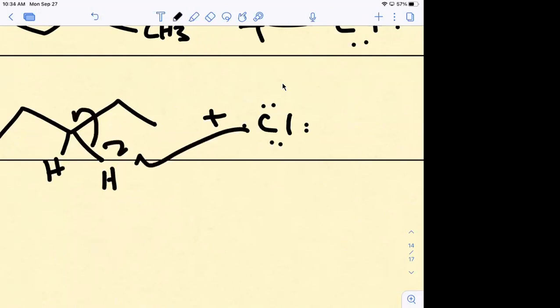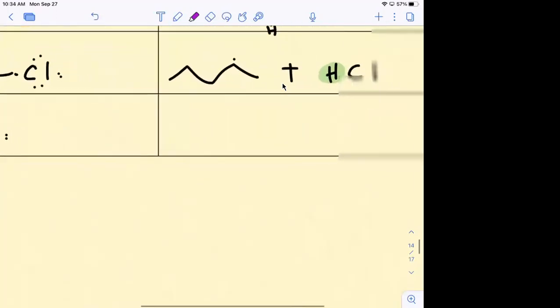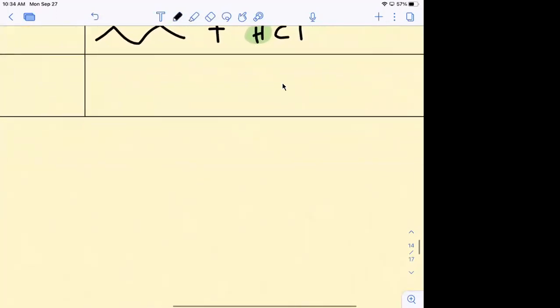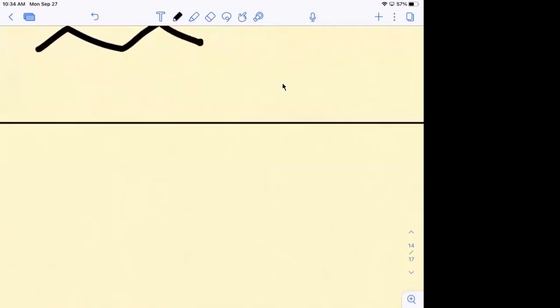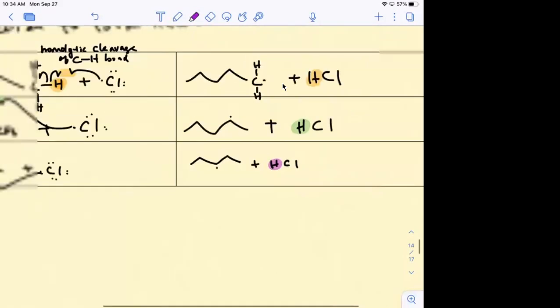Right, so now this is my HCl bond being formed here, and one of those electrons going back onto carbon. So I'm going to end up with this radical. That hydrogen is the other hydrogen that was there, still there, plus HCl. Any questions about the propagation steps?